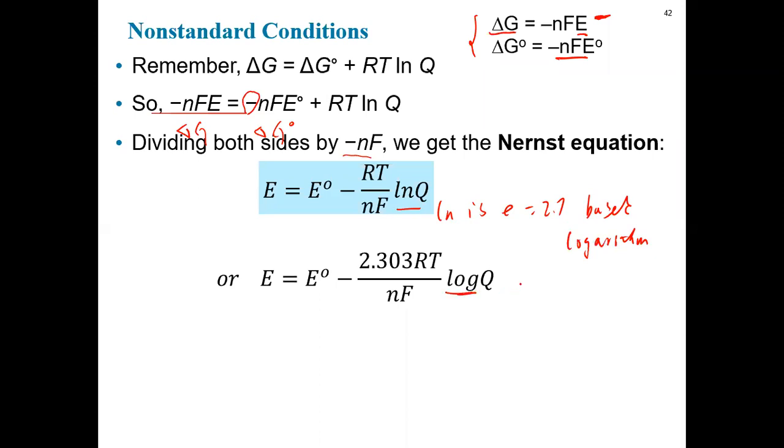Everything is the same, just change the base to get this number. In the old days, people didn't have calculators, so they used a slide rule or tables to do the calculations.